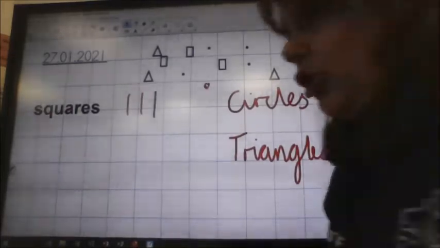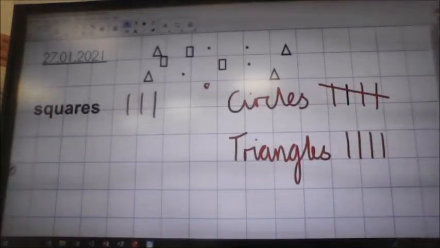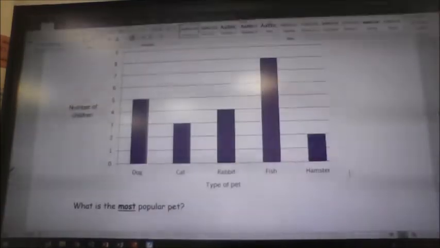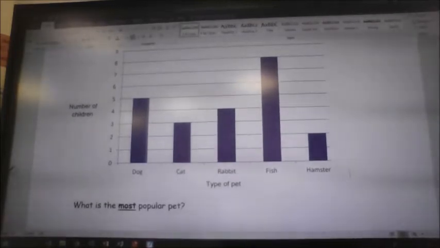But what I really want to concentrate on for you is this little activity here. Okay. Now, you have got a little chart, and it tells you the number of children.